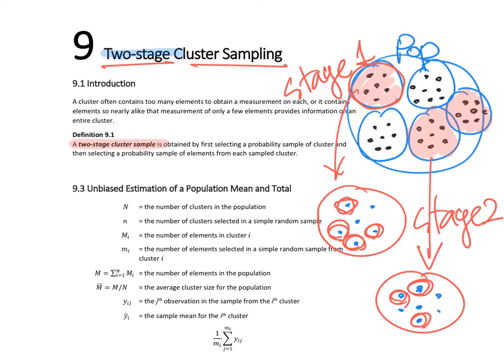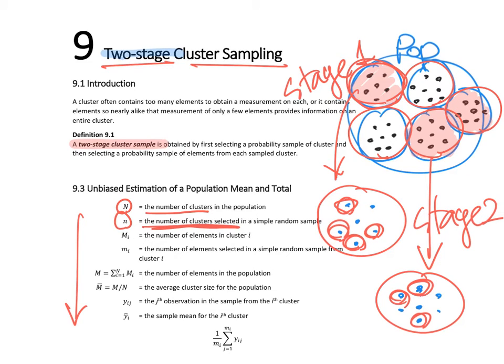So now we have a similar, but not the same, notation. When you look at the notations here, first of all, the capital N is the number of clusters in the population. And the small n is the number of selected clusters.